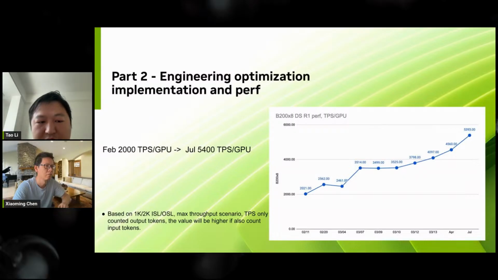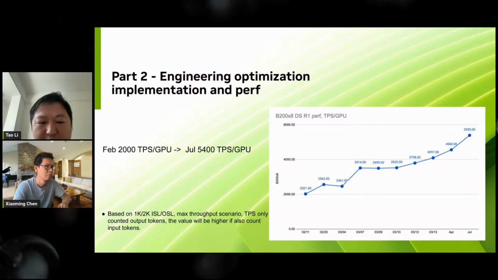2,000 TPS per GPU in the throughput cases, and after we continuously improved the performance, now in July we can already run up to 5,400 TPS per GPU. Note that the numbers can change if you run with different input sequence lengths or output sequence lengths.